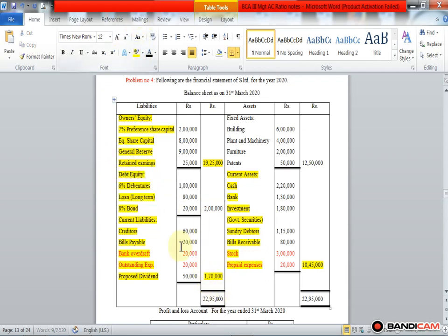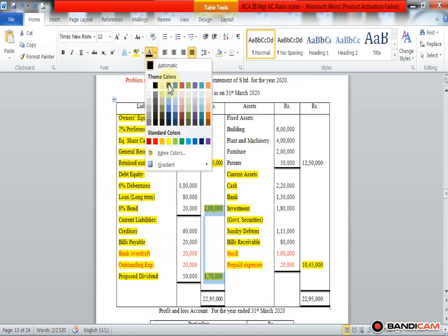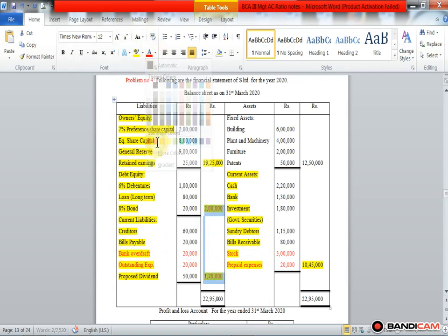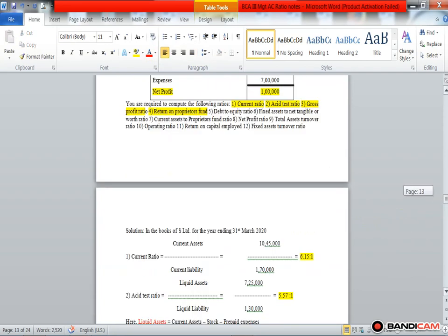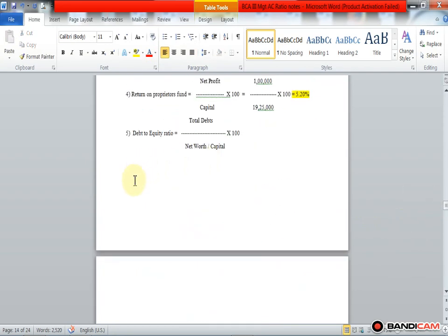Here total debt is equal to debt, 6% debentures, loans, long-term bonds. Okay, here we get a debt, and total debt is the total of these two. So total debt is 1,70,000 plus 2 lakhs.